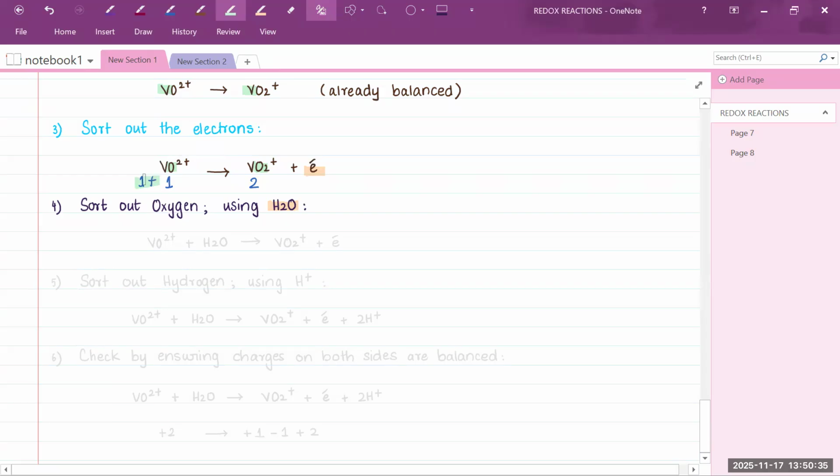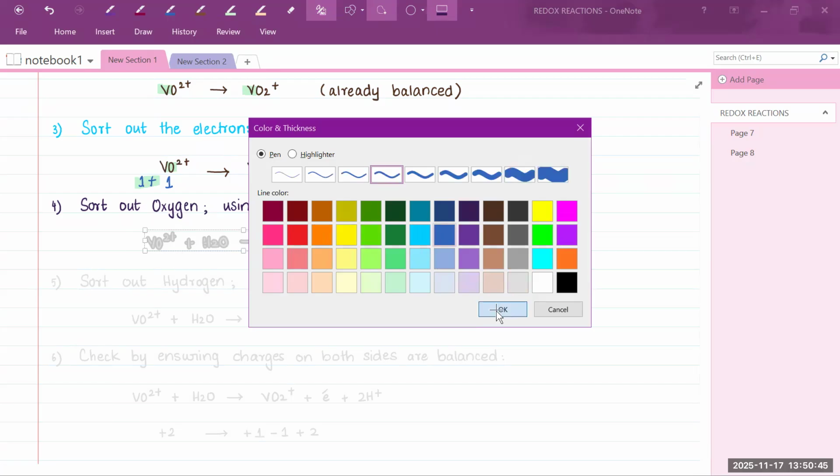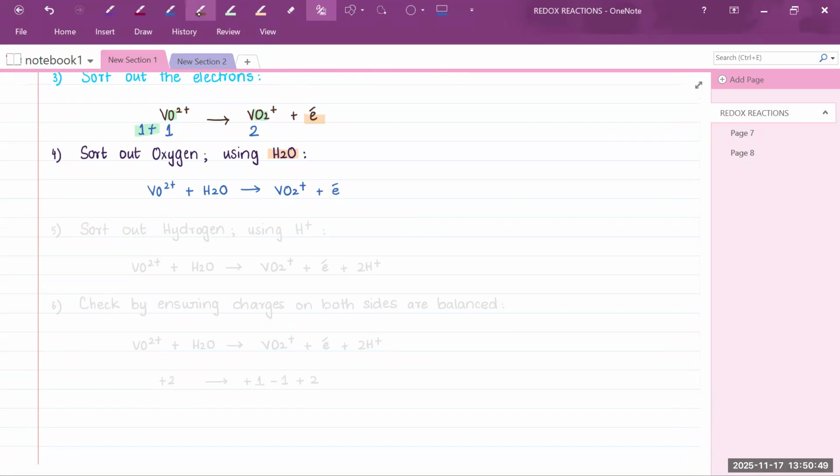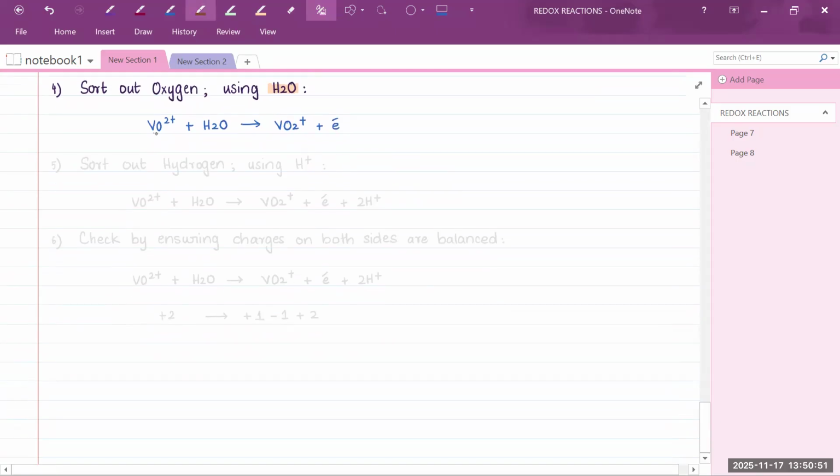So what we'll do is add one water molecule on the reactant side, right? For one oxygen, we use one water molecule. So that's how you do it. Now we have two oxygen and two oxygen on the product side.